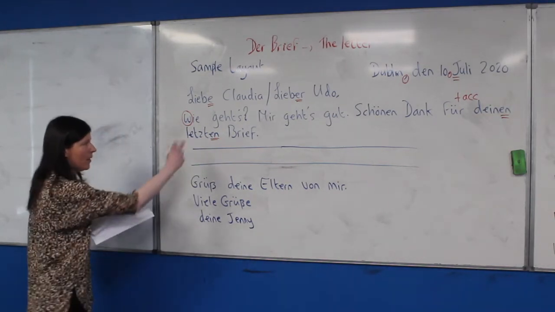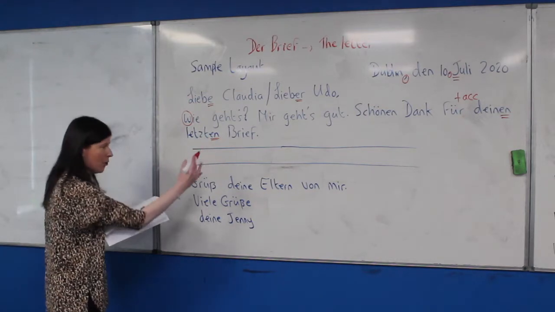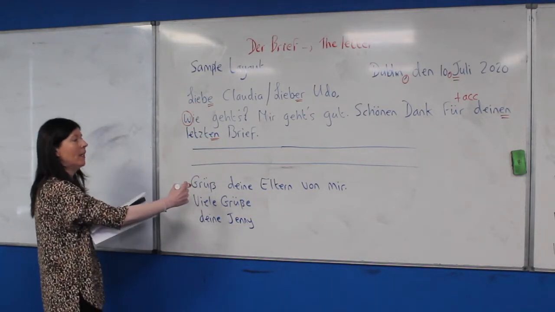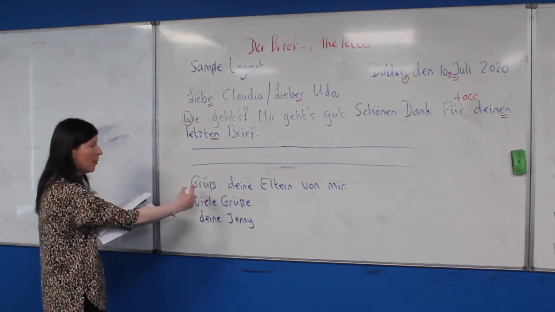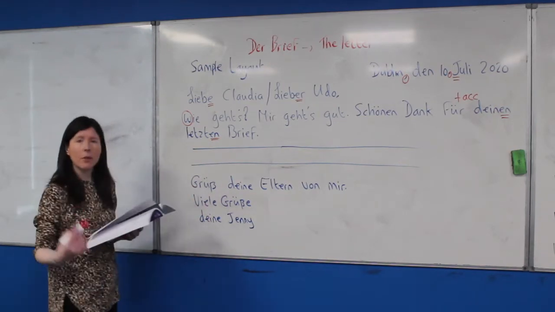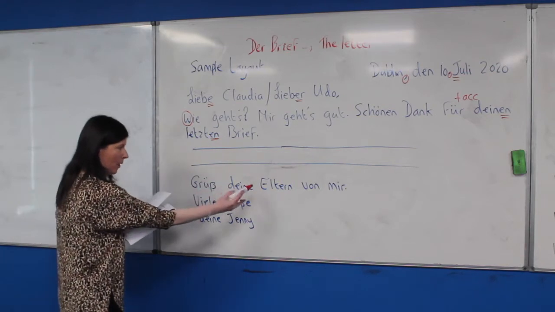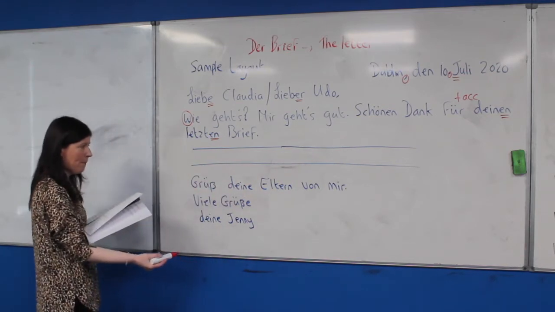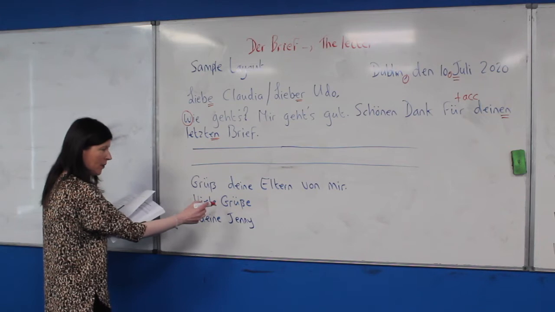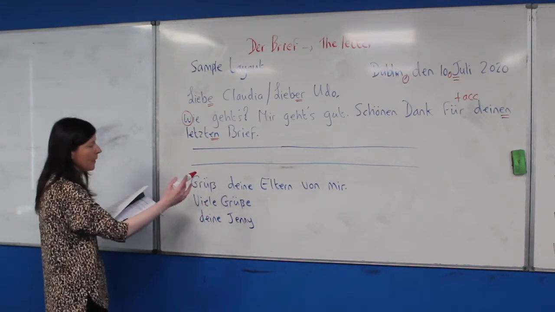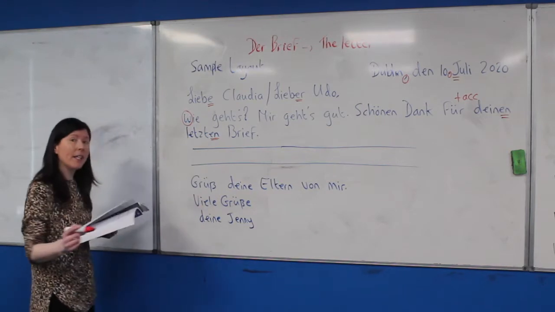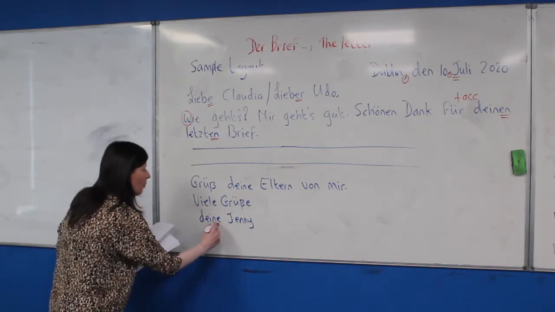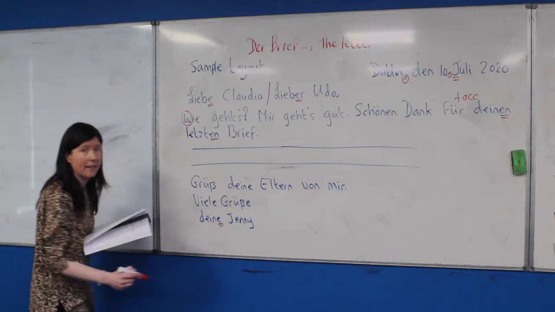And before we look at the rest of the body of the letter, I'll just take you through an example of how you can sign off. Signing off with something like Grüß deine Eltern von mir, regards to your parents, or say hi to your parents from me. And then viele Grüße, best wishes, viele Grüße is that, best wishes. And then if you're signing off as a girl, remember to sign off as deine Jenny.